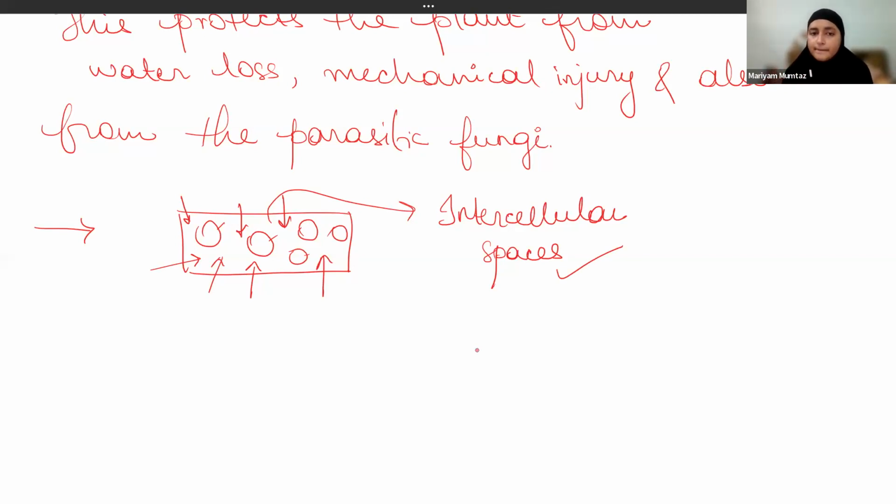So can you explain what it means that the intercellular spaces are absent in epidermis? What is the meaning of it? Ma'am, it is like, to avoid the transpiration. Oh, now I can hear your voice. No, I am not talking about why it is needed. I'm saying what is the meaning of no intercellular spaces being present?